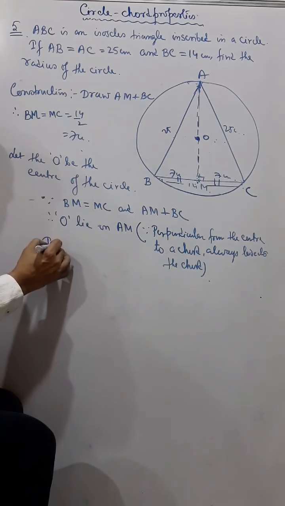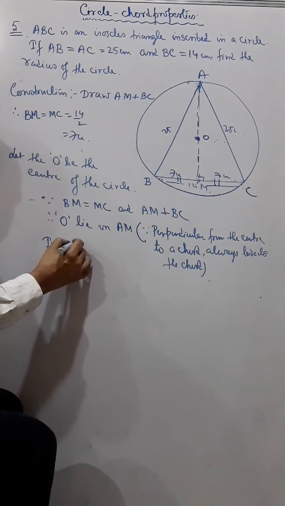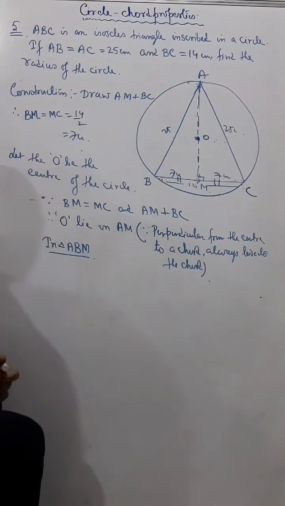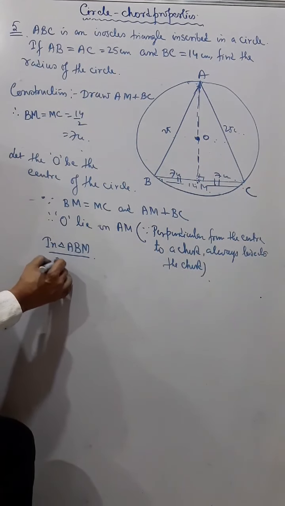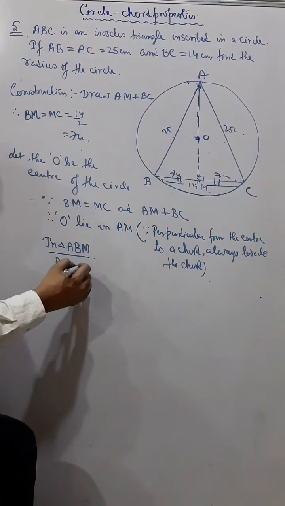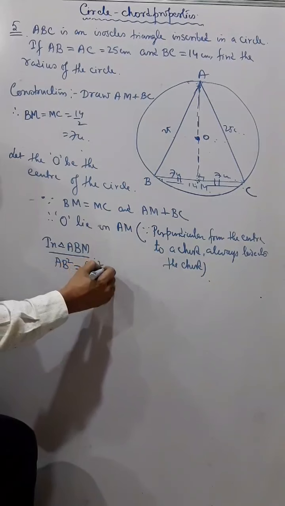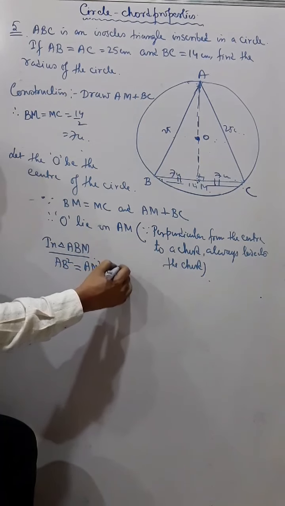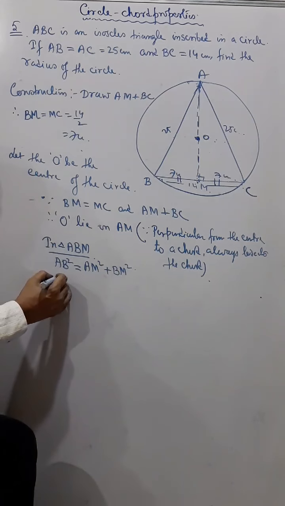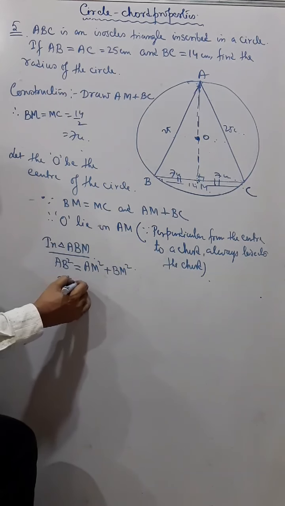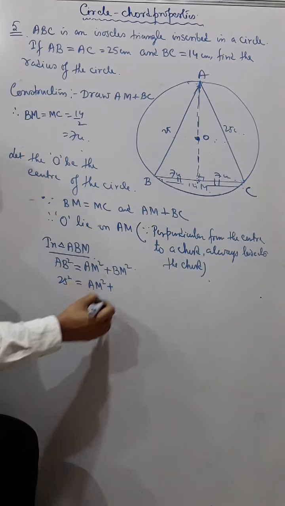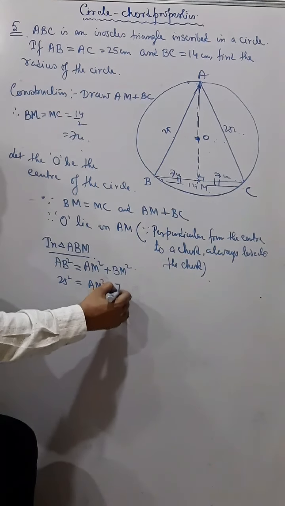In triangle ABM, AB square is equal to AM square plus BM square. AB is 25, AM we have to find, and BM is 7 square.